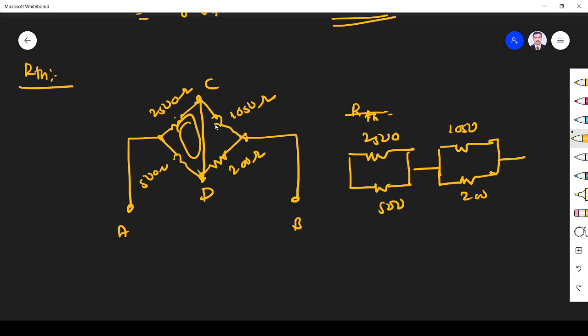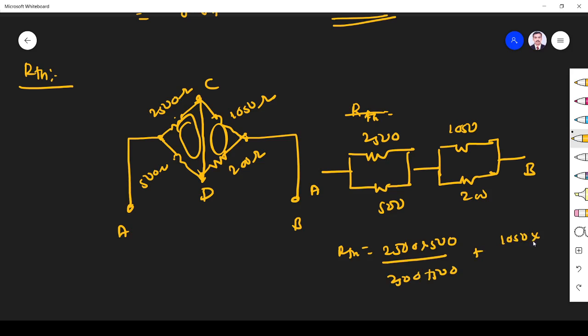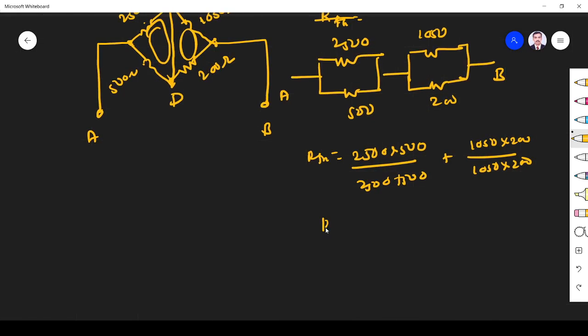Here A, here B. So what is RThevenin? RThevenin is nothing but 2500 into 500 divided by 2500 plus 500, plus 1050 into 200 divided by 1050 plus 200. So that will give RThevenin equal to 584.66 ohm.